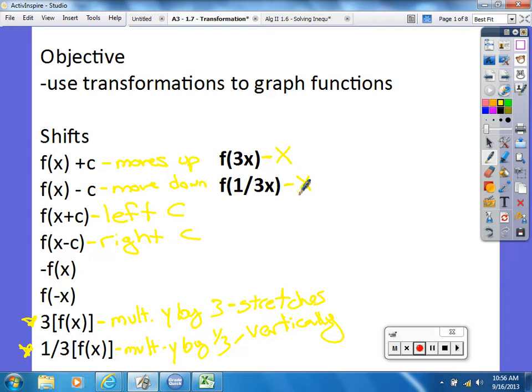And see how I did the opposite here? So instead of multiplying my X by 3, I'm going to divide it by 3. And for the bottom one, instead of multiplying my X by 1/3, I'm going to multiply by 3. I think that's a much easier way.